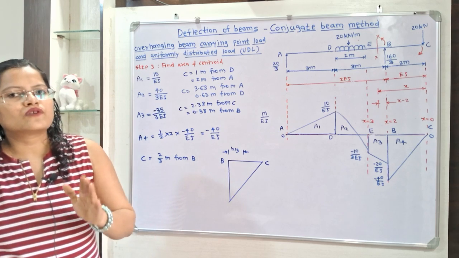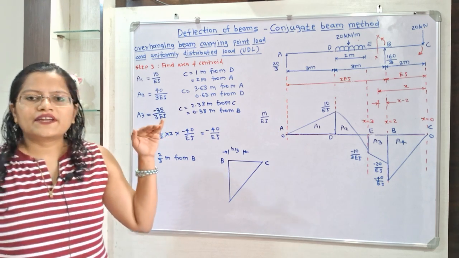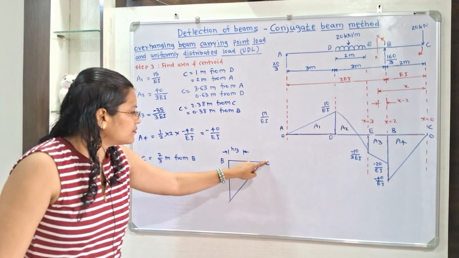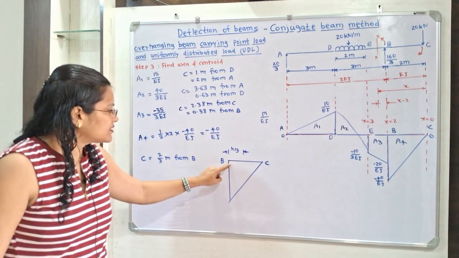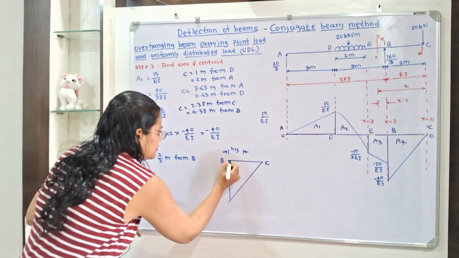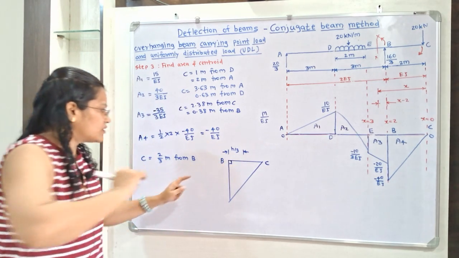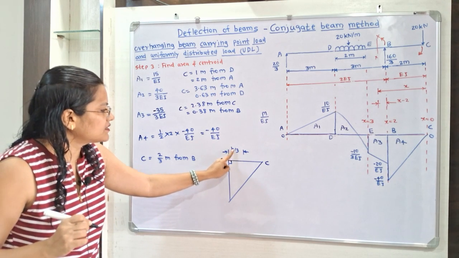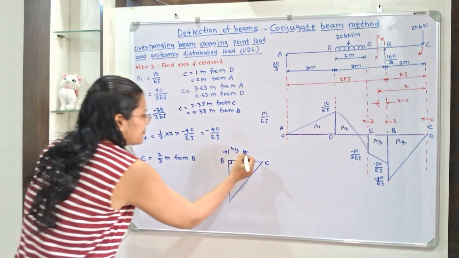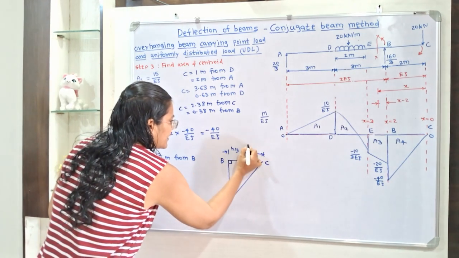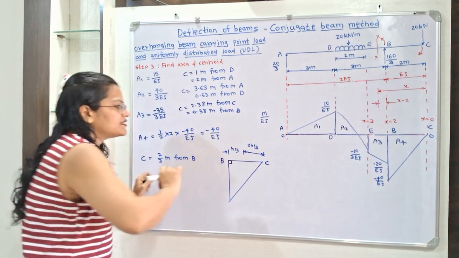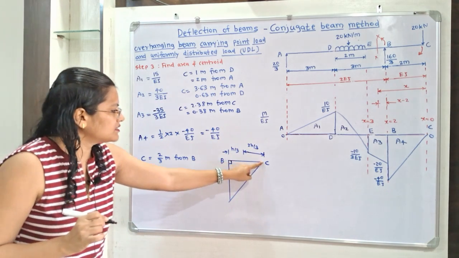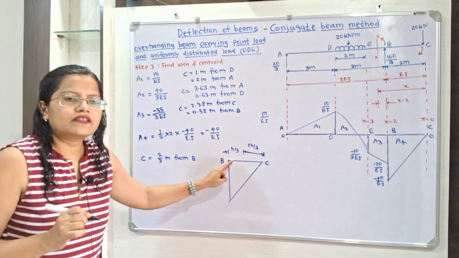Now how to calculate the centroid? So this centroid is along this section BC. Now here is the perpendicular. So this is the perpendicular. Now from this perpendicular point we have to take distance h by 3, and this remaining distance is 2h by 3. Now what is the value of h? This h is equal to this length BC.